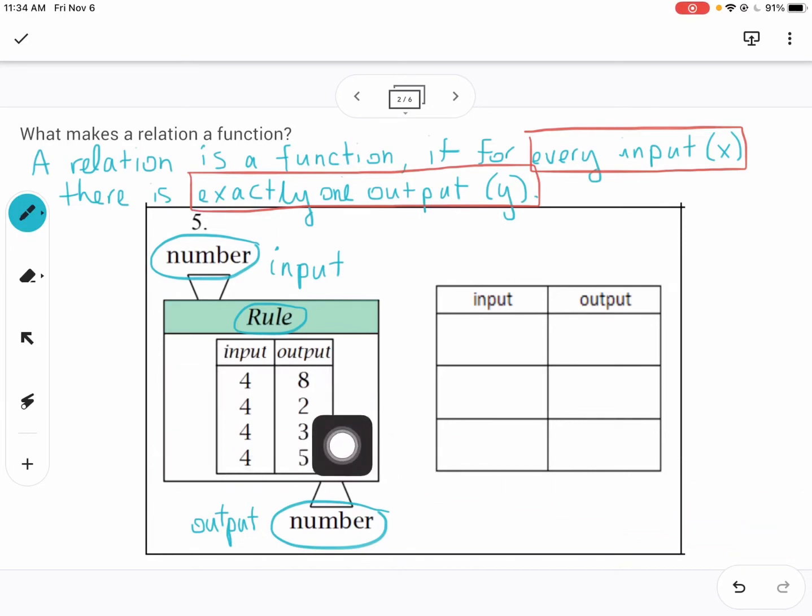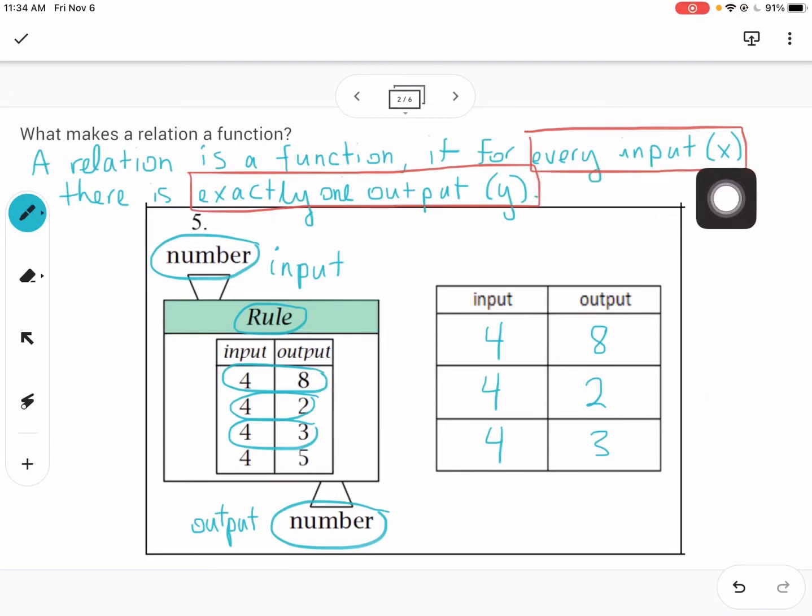So from this table, it basically looks like our input and output table already. If I input 4, my output is 8. But then I input 4 again, and my output is 2. Then I input 4 again, and my output is 3.